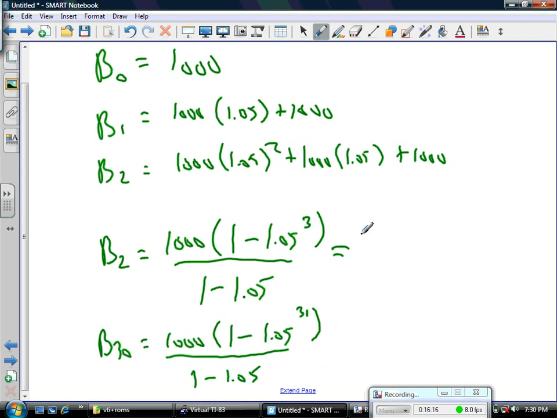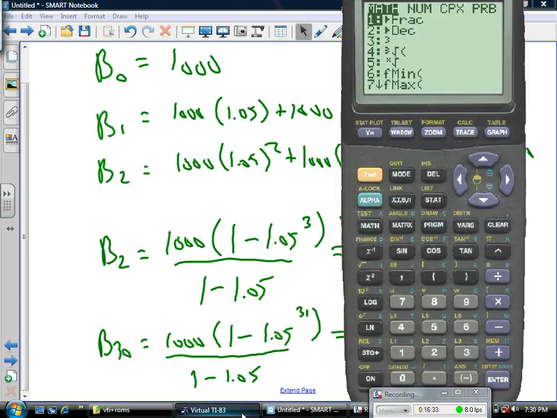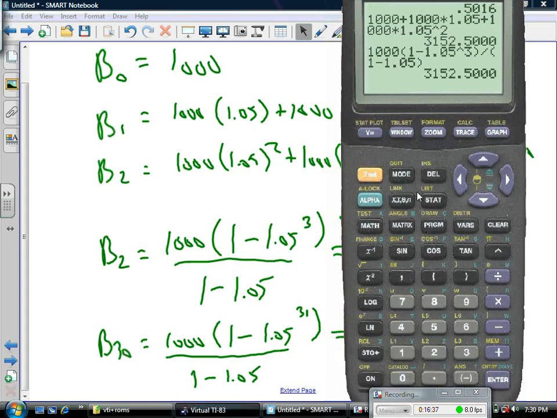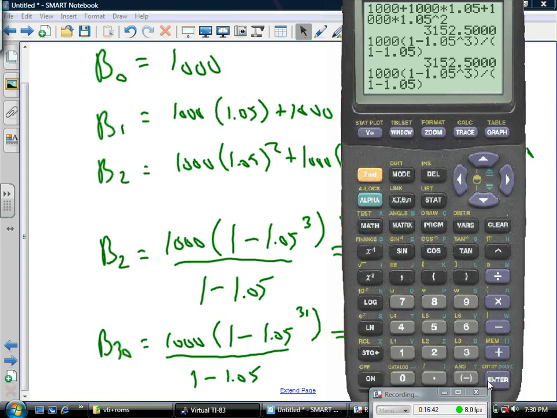Okay, so let's see what we get. This was $3,152.50. So what is it after 30 years? Well, let's do that on Ziggy. All right, so I'm just going to do second enter and change what I got to change. I'm going to change this to 31. That's the only difference, right?